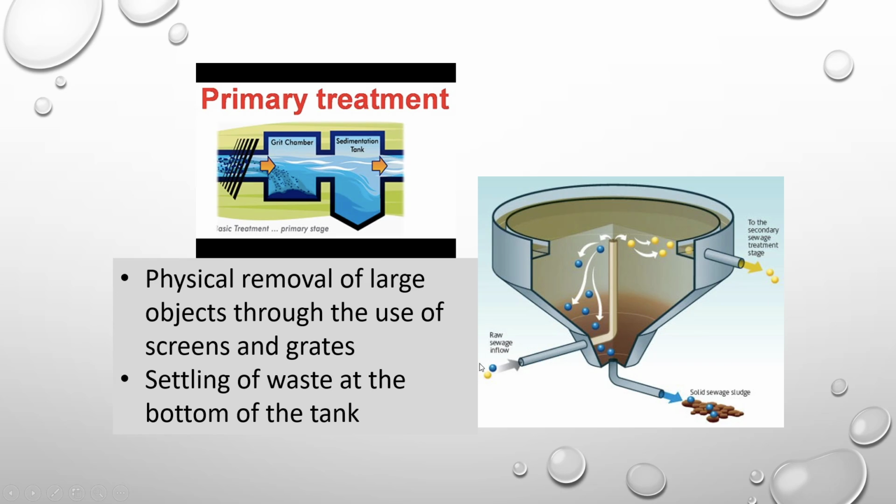If you guys remember when we went in to the wastewater facility, this is what it does. The raw sewage comes in to the top, and basically it rotates the water. The solid sewage sludge comes down to the bottom, and then the sewage that does not settle, the suspended solids, will go to the secondary sewage treatment stage.